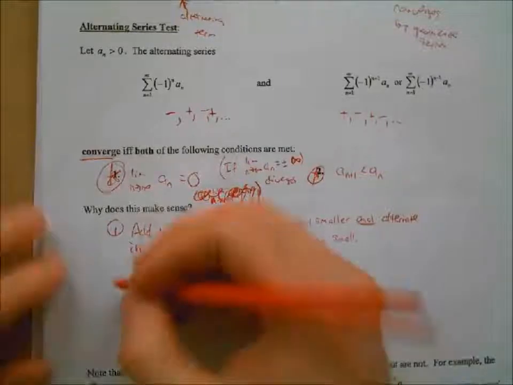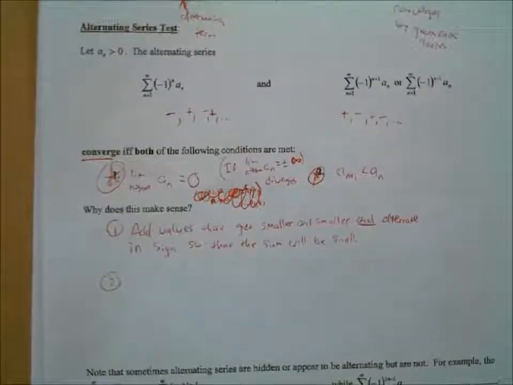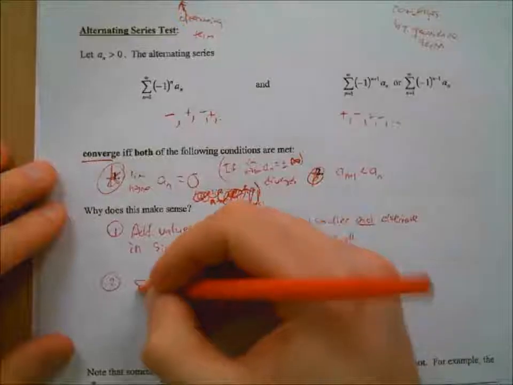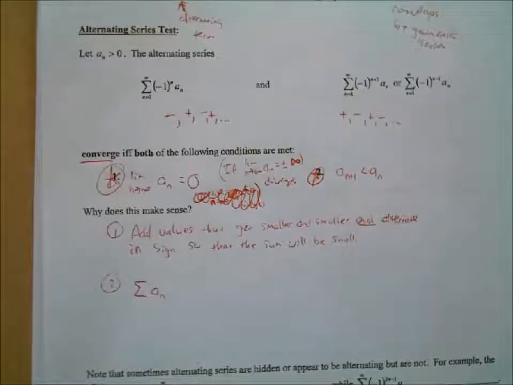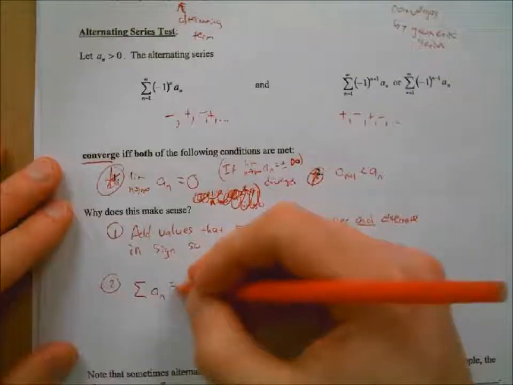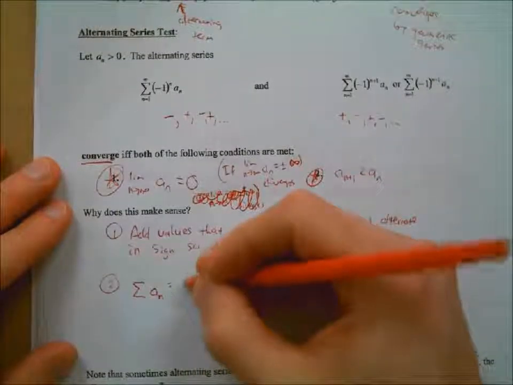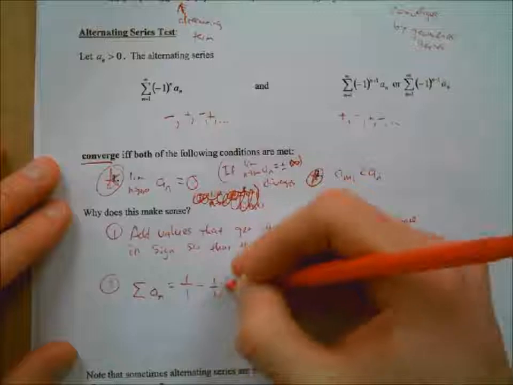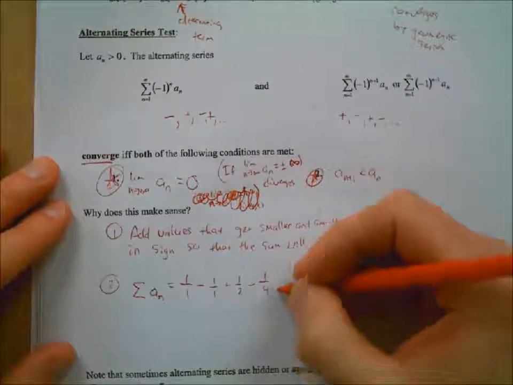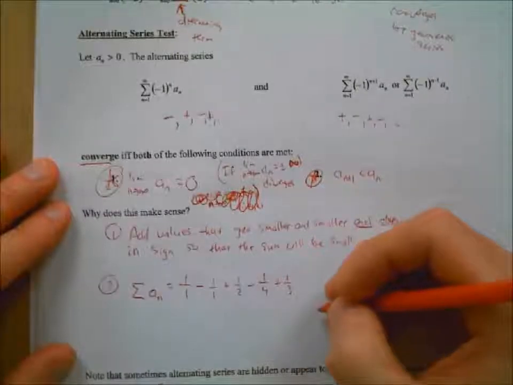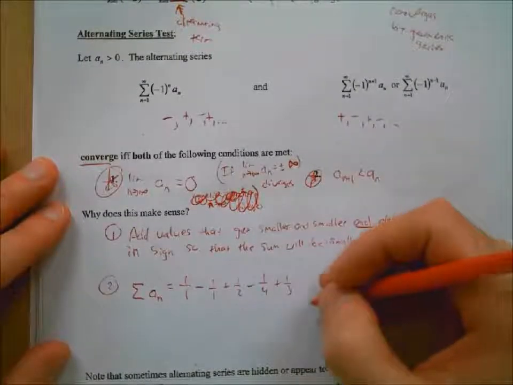And then for the second piece, why we need that second piece, let's start with an example of a series. We'll just make something up here, with a purpose. I'll make up this series that alternates. You can see we're changing from positive to negative to positive to negative.